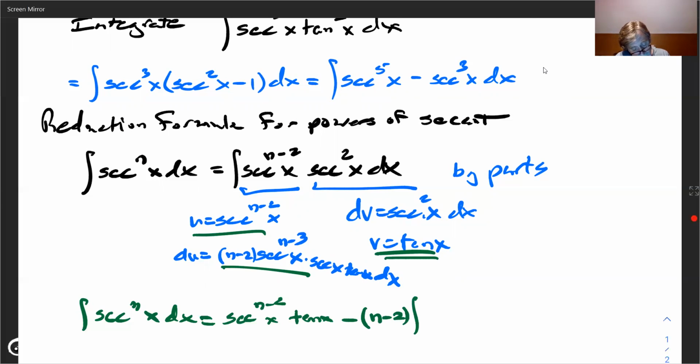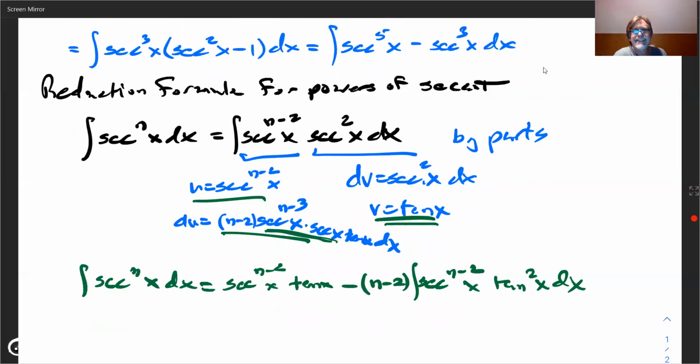We've got secant, actually the secants go together right there as secant n minus 2 x, and then times, looks like we've got v times u, a tangent squared. So we have a tangent squared x dx.